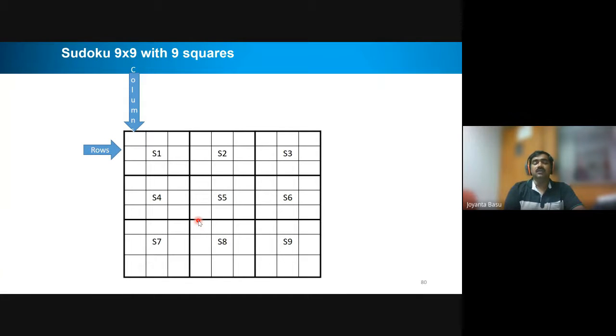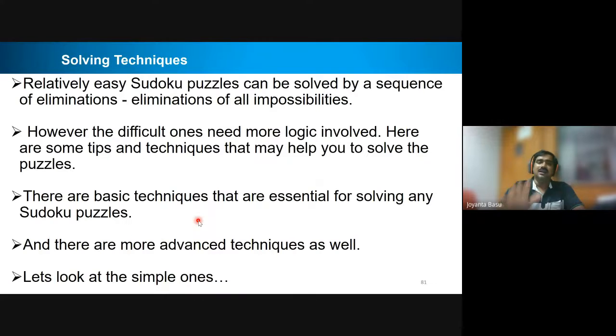So we can solve one section by another section. Obviously there are different solving techniques. A relatively easy Sudoku puzzle can be solved by a sequence of eliminations of all the impossible things.